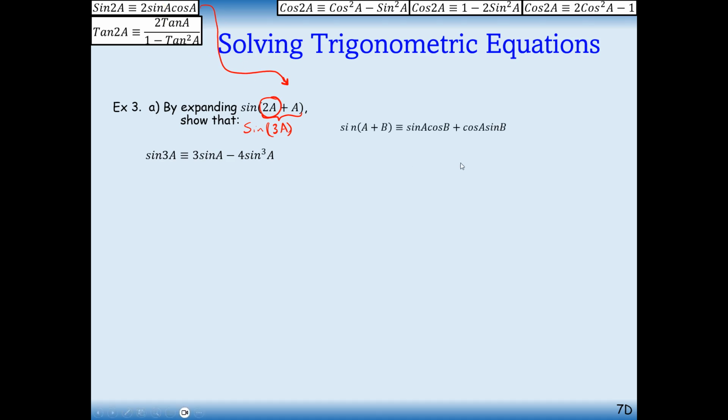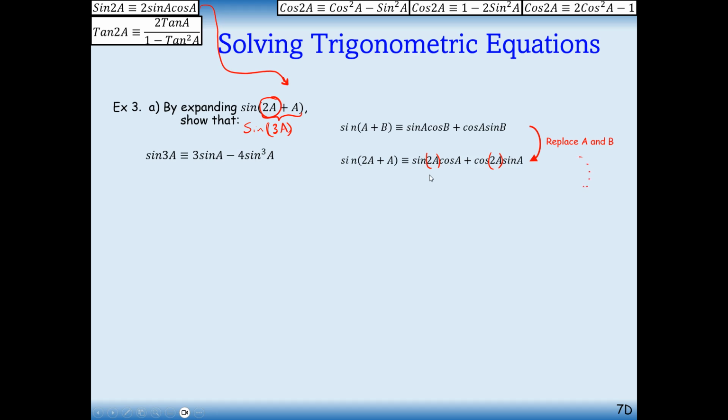So we're going to replace one of the a's with 2a and the b with single a. Alright, so in this expression we'll have 2a and 2a here.